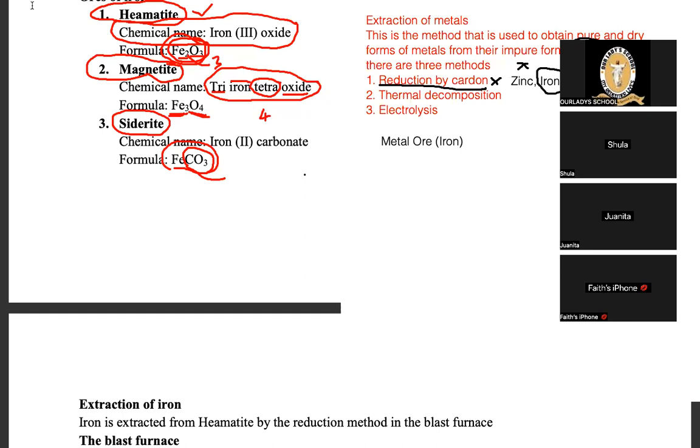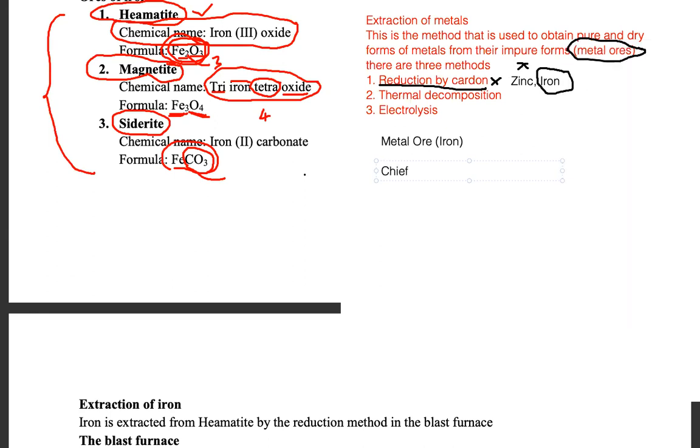Now, for these 3 metal ores that we have, there is definitely only one that we call the chief metal ore. This is called the chief metal ore. And the chief metal ore here, they like asking this question. It's hematite. The hematite is the one that we use even in Zambia.